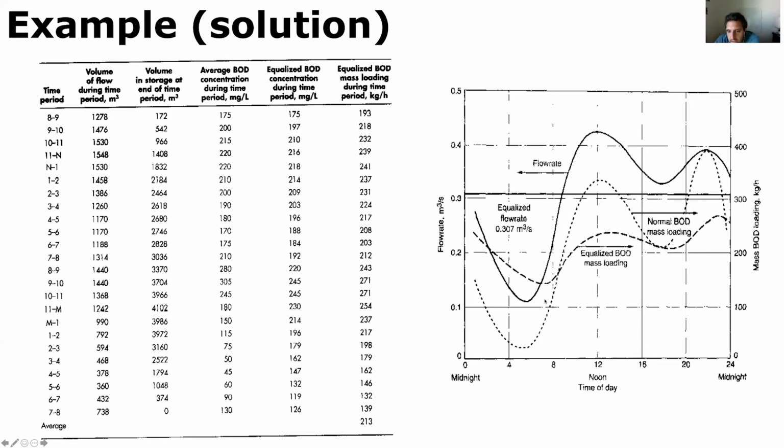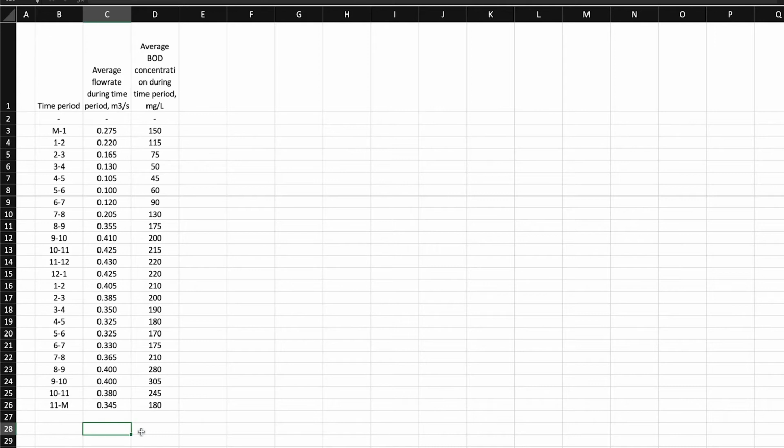The flow rate has these big peaks coming up and down. The equalized flow rate, of course, is just a constant rate that we're pumping out of the tank. So the flow rate becomes completely equalized. The BOD concentration, however, also has some equalization, and that helps the stability and the performance of our treatment system downstream. Okay, so let's see how we can set up these calculations in Excel.